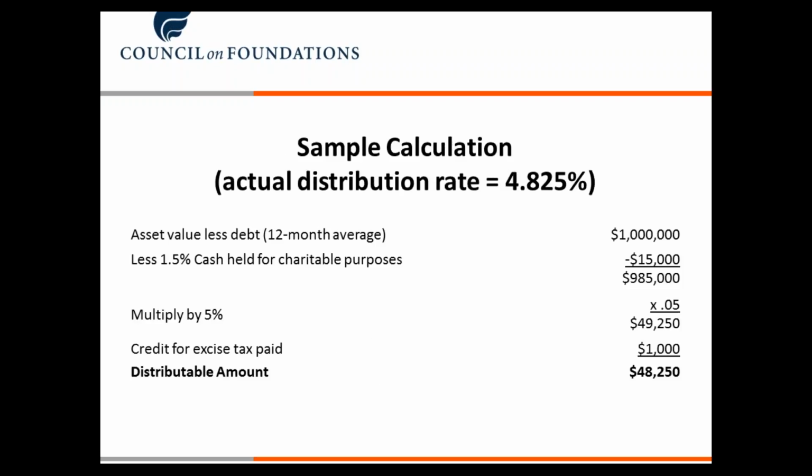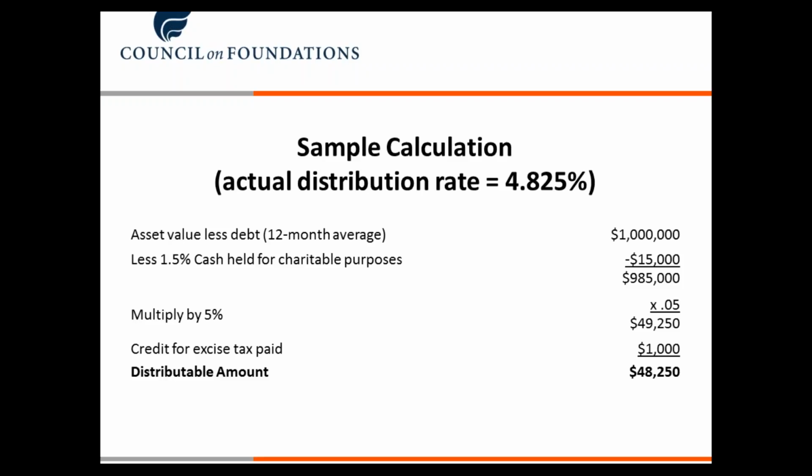So up on the next slide is just a very simple calculation. We've got a private foundation that has determined their 12-month average of their investment assets to be $1 million. They subtract the 1.5% for cash on hand, and the resulting amount is $985,000. We multiply that by 5%, so the distributable amount is $49,250.